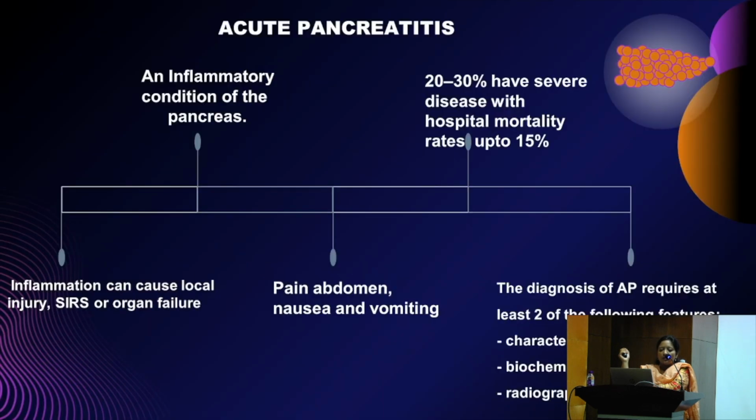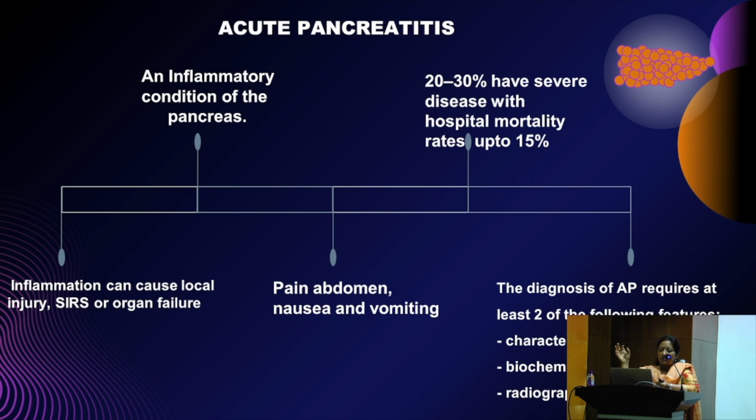As we all know, acute pancreatitis is an inflammatory condition of the pancreas, and most of them, around 70 to 80%, will have a mild course, but around 20 to 30% can have severe disease, and mortality can be up to 15% in such patients. The presentation is usually inflammation: features of systemic inflammatory response, features of organ failures, including acute kidney injury and hypotension. This is how a patient presents to us.